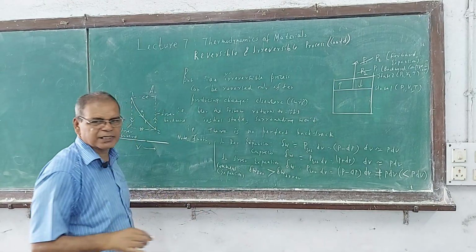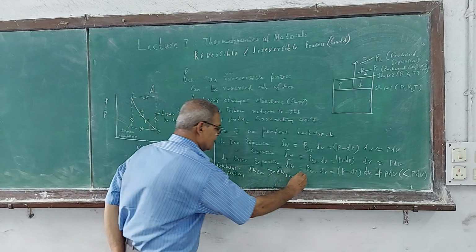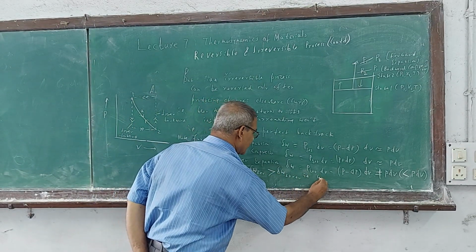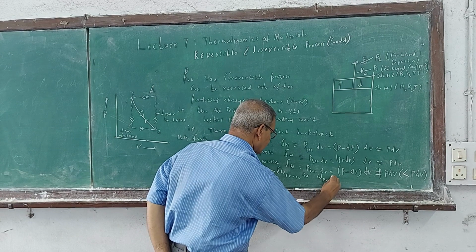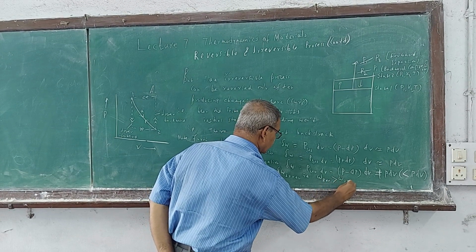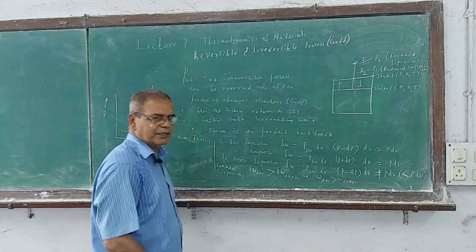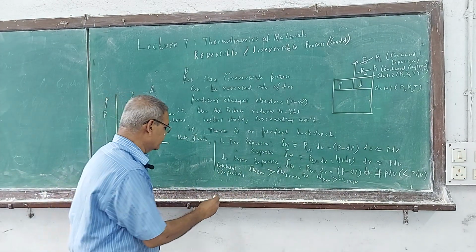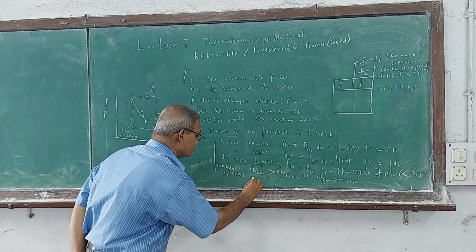At finite change, W reversible is greater than W irreversible. You can see from here. And comment expansion, and again tell me here compression.